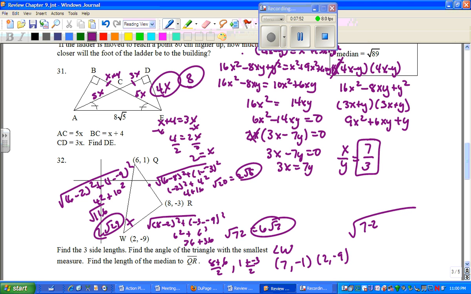So we get the square root of 7 minus 2 squared plus negative 1 minus negative 9 squared. So that's 5 squared, and this is 8 squared. So 25 and 64 is 89. And we take the square root of that for our answer, and we're done.